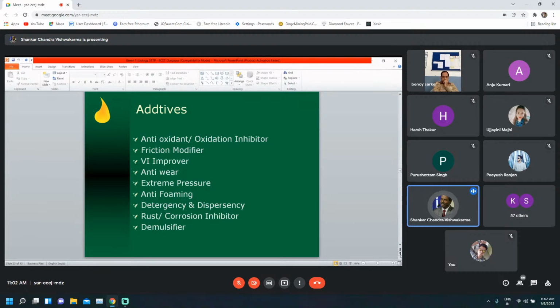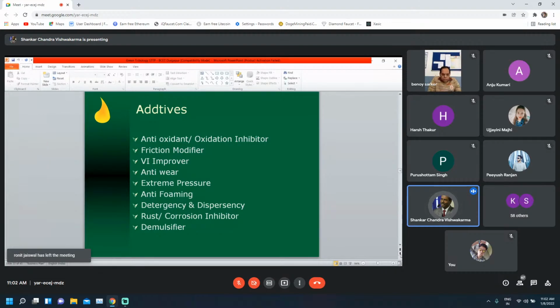So if the oxidation is not inhibited, what will happen? The mineral oils are basically paraffinic or naphthenic, as I said. That oil starts oxidizing, the alkane gradually getting converted into oxides, alcohol, then acids. And once the acid formation is there, there will be a lot of esterification, a lot of resin formation, there will be lacquer, varnish, and so on and so forth.